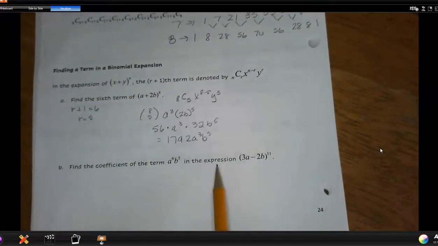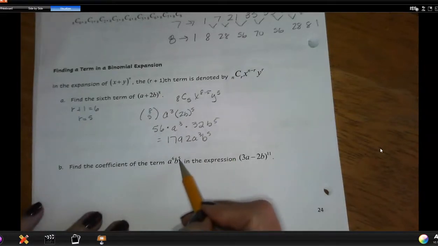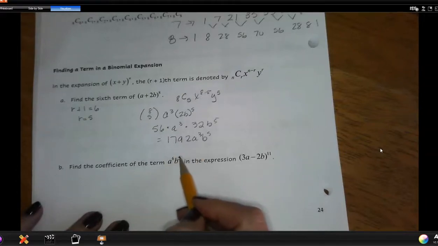One of the things they like to ask a lot is, find the coefficient of a to the 6th, b to the 5th, what the coefficient would be on that. So 6 and 5 is 11, and remember this is our n right here.